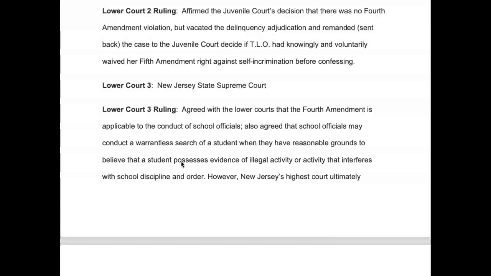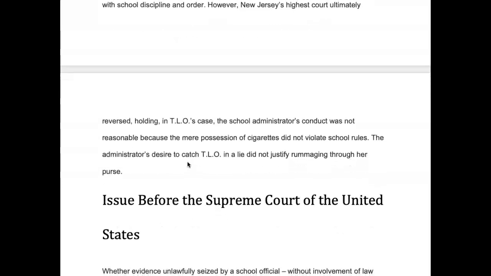And it's interesting here because they said, did she waive her Fifth Amendment right against self-incrimination, which was not even brought up in the earlier court or even by the principal or by the judge, or by the lawyer. So the judge is saying this is not in violation of the Fourth Amendment. However, did she waive her Fifth Amendment right to self-incrimination when she admitted, after she went down to the police station with her parents, that she dealt marijuana? Okay.